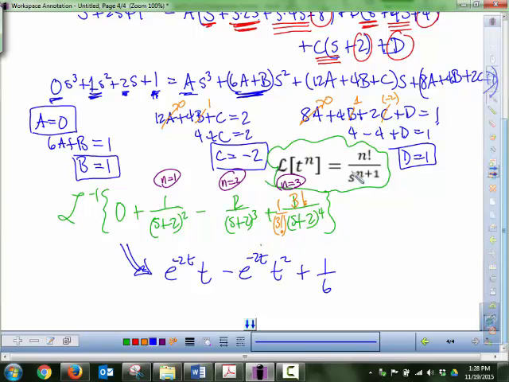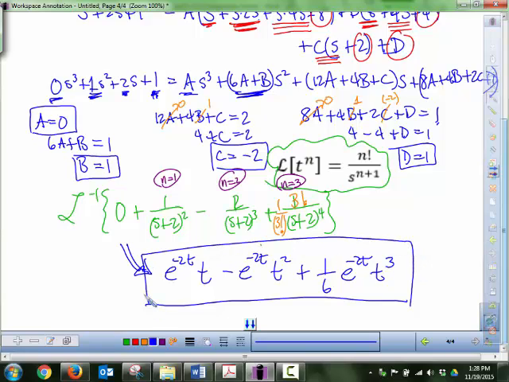Now I have this formula with n equal to 3, so that would just be t cubed. Oops, don't forget the shift. The shift is e to the negative 2t. That compensates for the shift in the s world. And now we have t to the 3rd power. Okay.